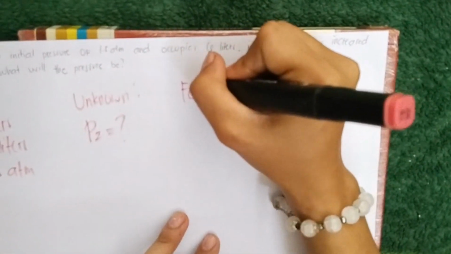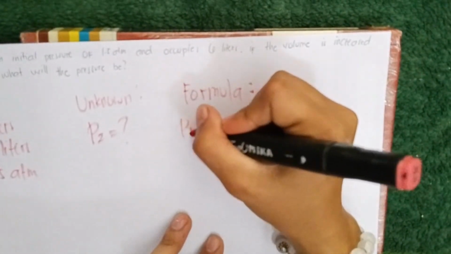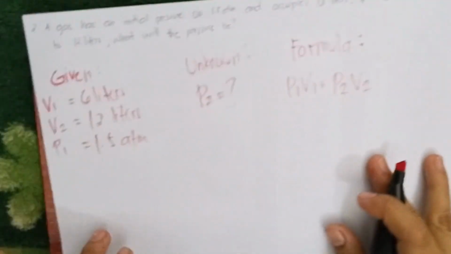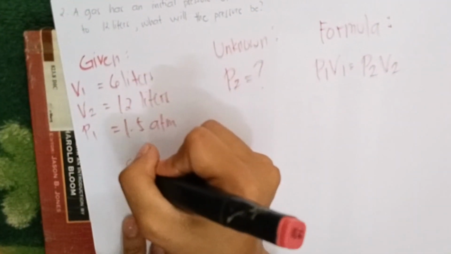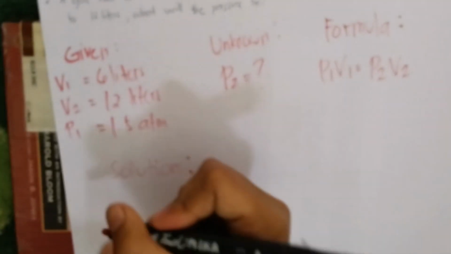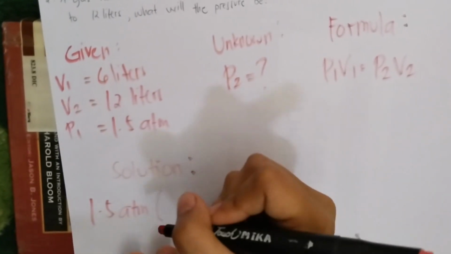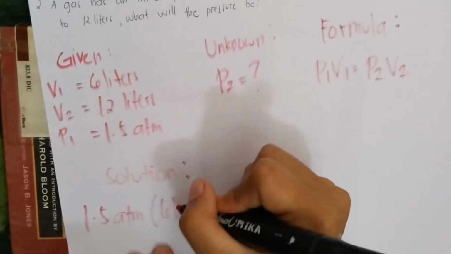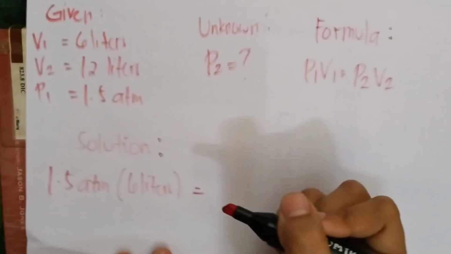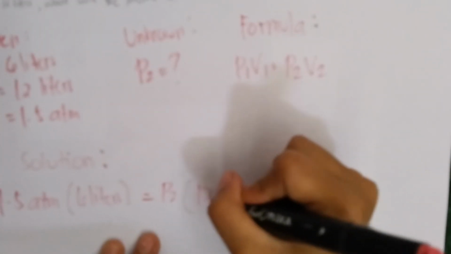Our formula is P1V1 equals P2V2. Let's solve it using our formula. Our P1 is 1.5 atm and our V1 is 6 liters, equals, copy the unknown, which is P2, and V2 equals 12 liters.